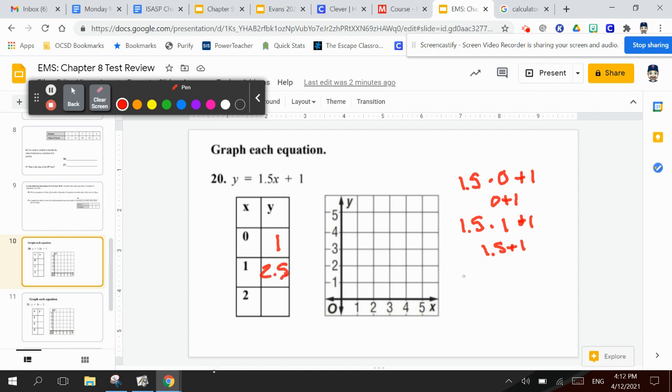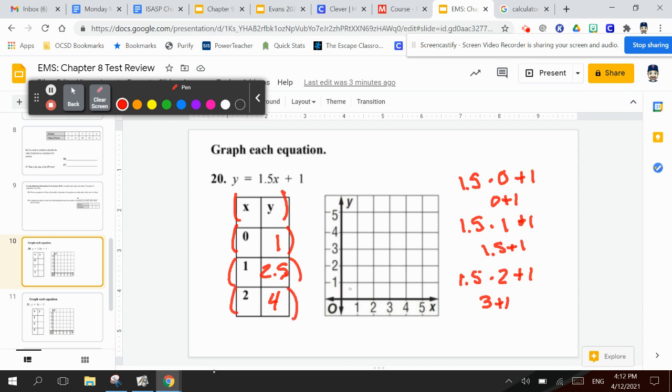And if x is 2, 1.5 times 2 plus 1, 1.5 times 2 is 3. 3 plus 1 is 4. So here's my function table. So now I'm going to use my ordered pairs of x to y and graph my data.